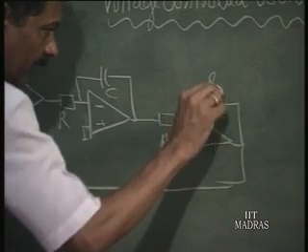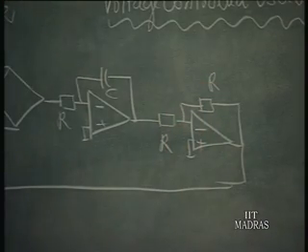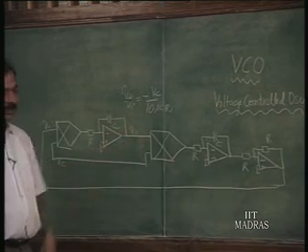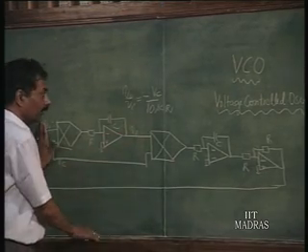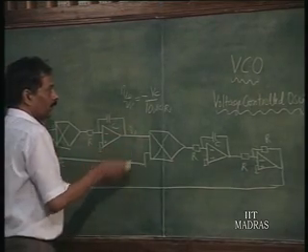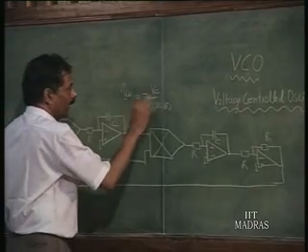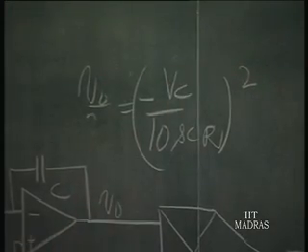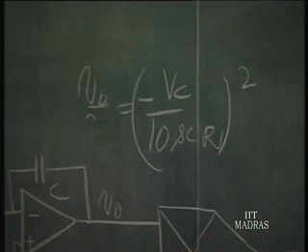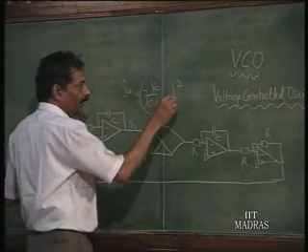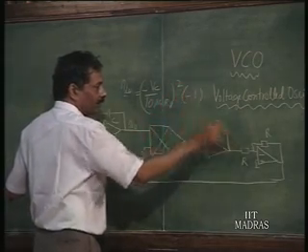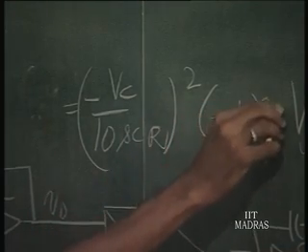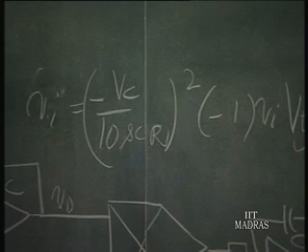This ideally speaking should go into oscillation, because minus Vc by 10 SCR, if you start from here, into Vi, and that again squared, if you further integrate, and then with a negative sign, minus 1 inverter, is going to be equal to Vi. So, this into Vi is equal to Vi.